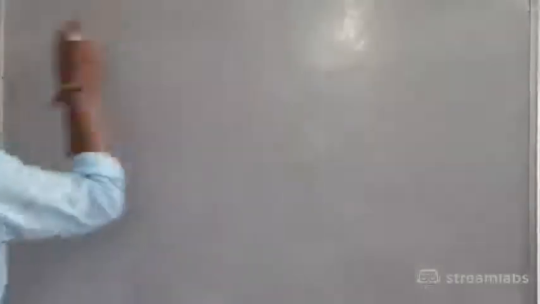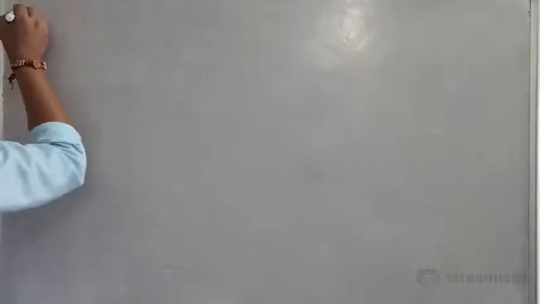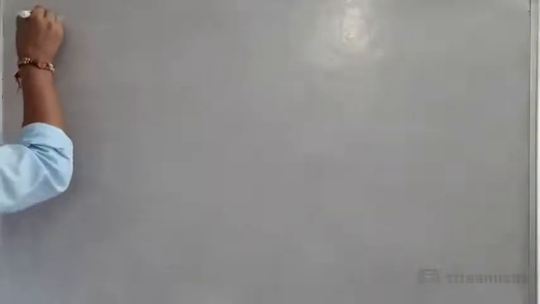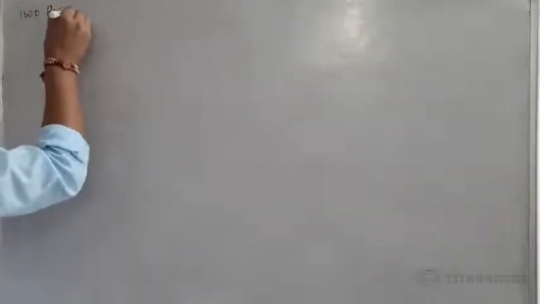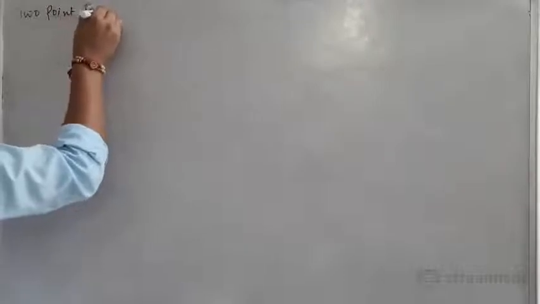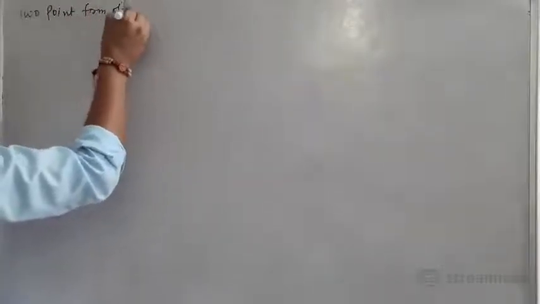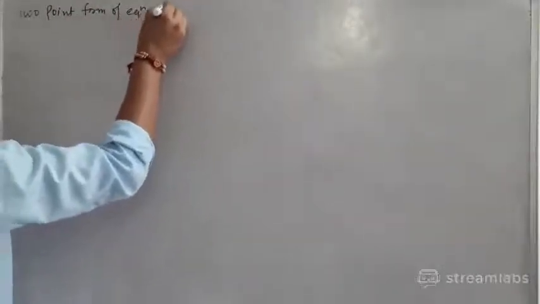The last and important one. Two points, when you have been given two points. Okay, when two points are given, it is the two point form of equation of line.